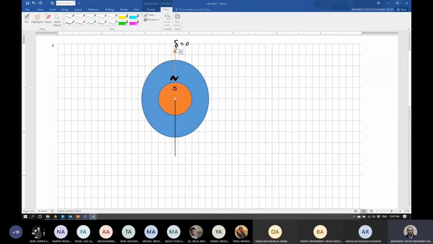If we load the machine, the rotor will rotate like that, for instance, and this means S will move here. So now the angle between S and N is delta, and delta now is not 0. So here we have a magnitude for delta. تمام يا شباب? So this angle now represents delta.